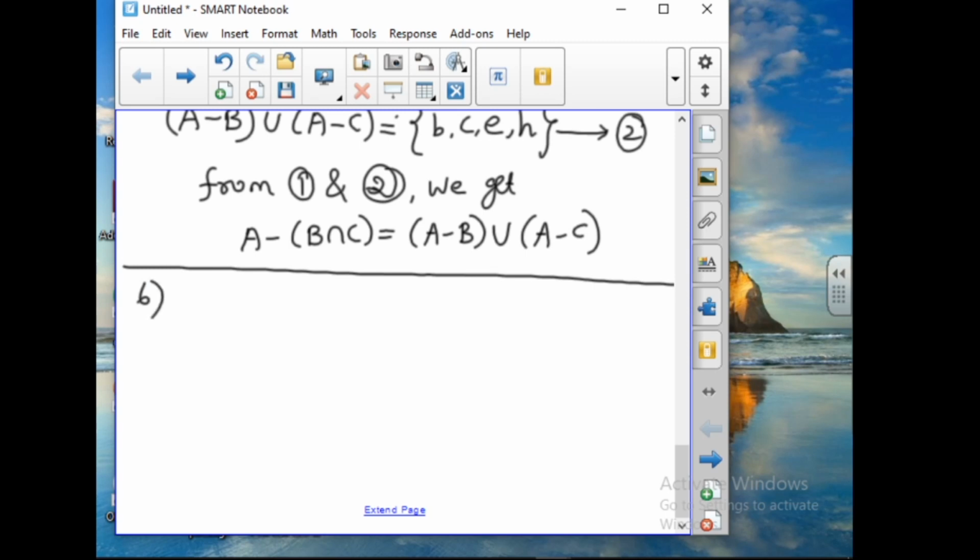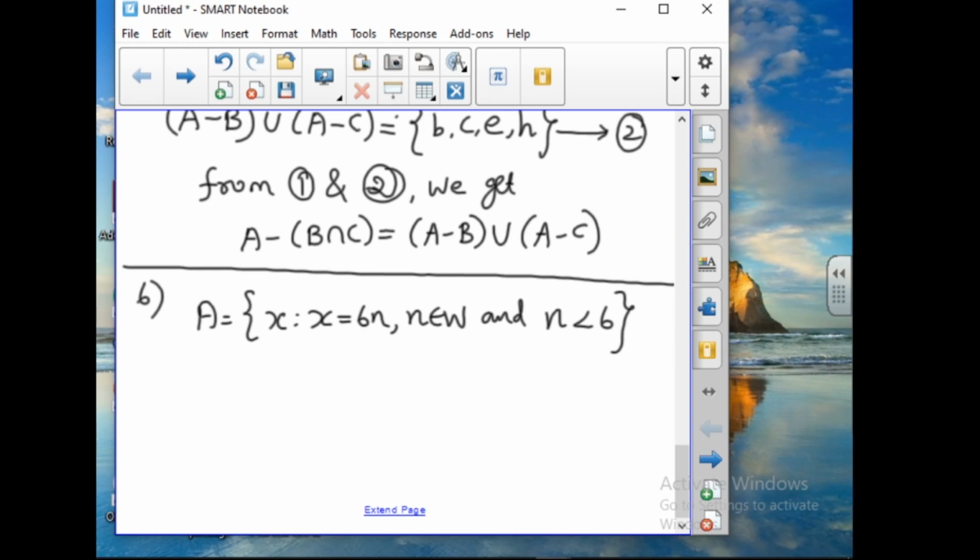What is given? If A is equal to x such that x is equal to 6n, n belongs to W and n less than 6. So n belongs to W. W means whole numbers. Whole numbers start from 0.